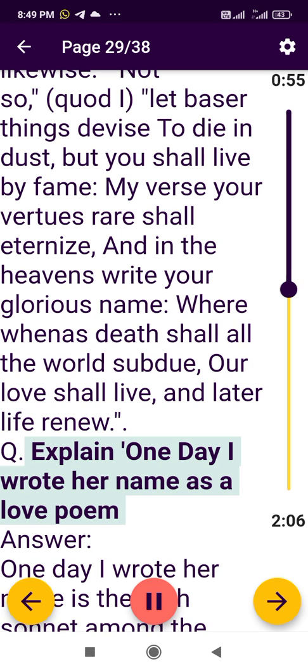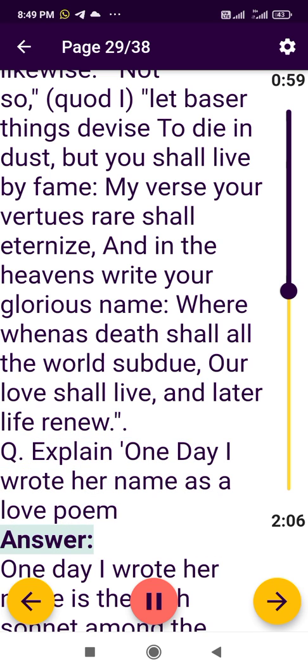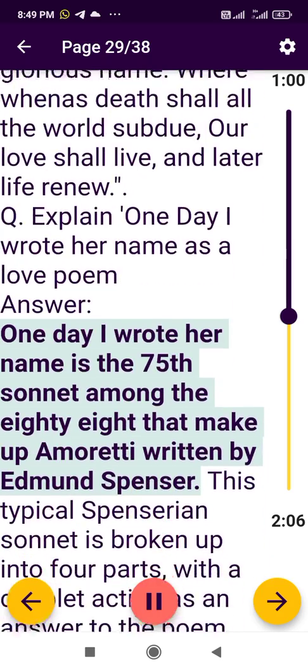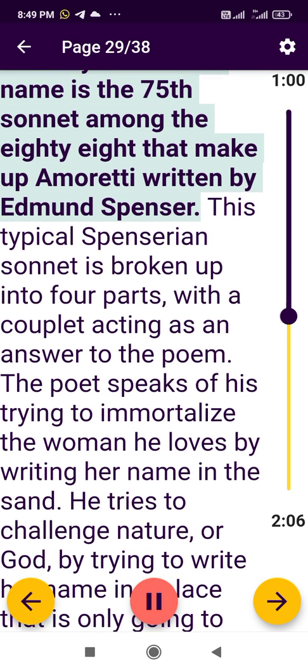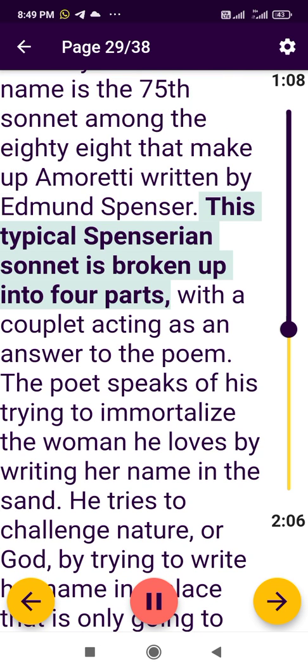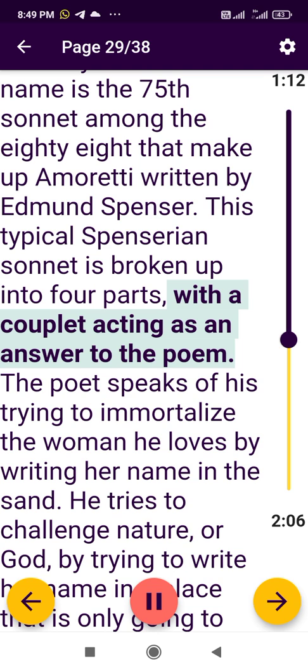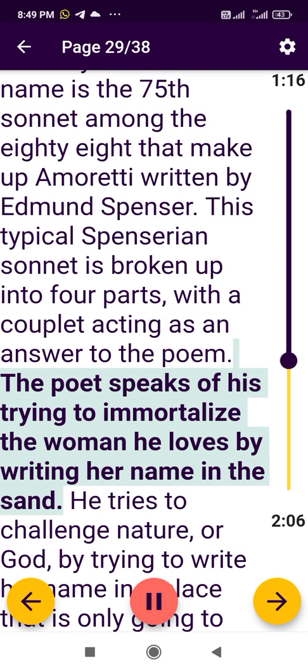Q. Explain. One day I wrote her name as a love poem. Answer. One day I wrote her name is the 75th sonnet among the 88 that make up Amoretti, written by Edmund Spenser. This typical Spenserian sonnet is broken up into 4 parts, with a couplet acting as an answer to the poem. The poet speaks of his trying to immortalize the woman he loves by writing her name in the sand.